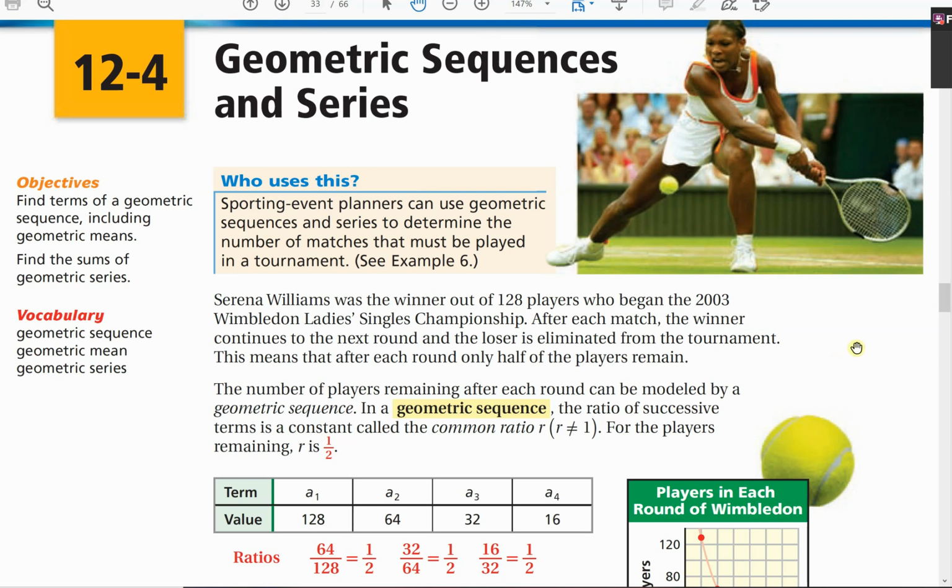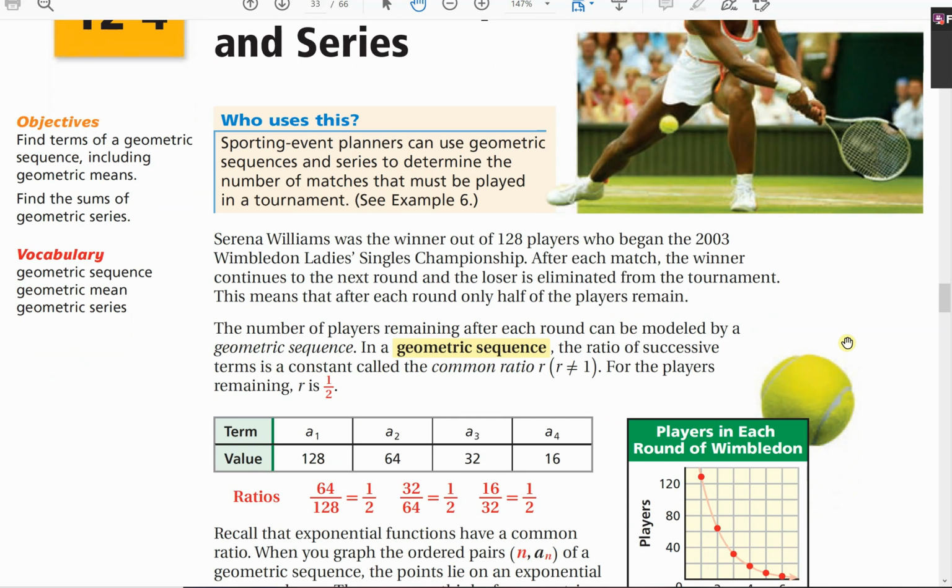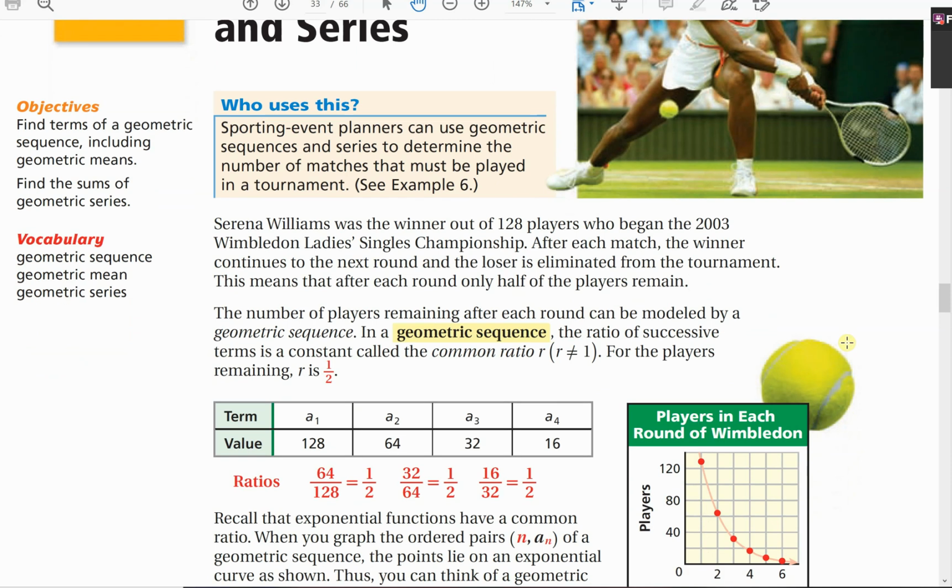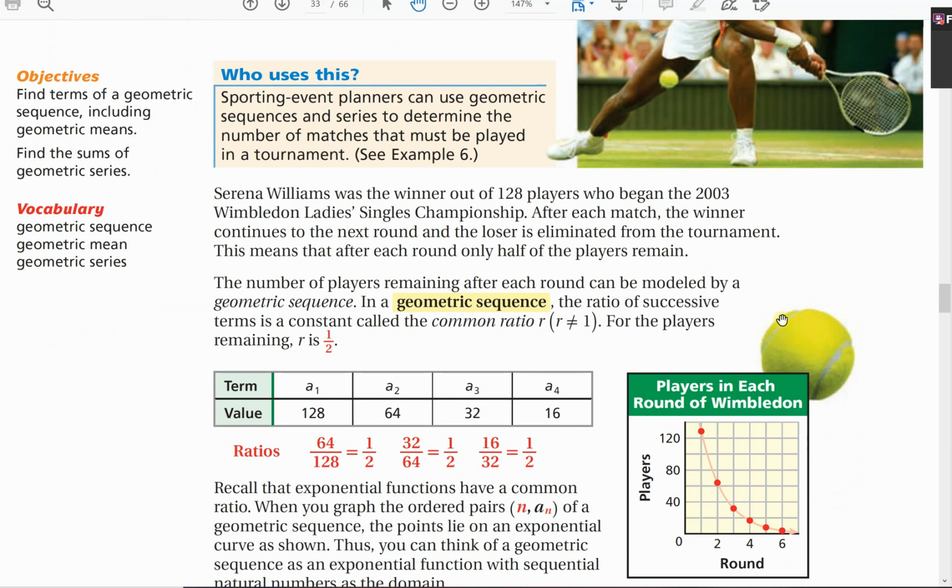In a geometric sequence, the ratio of successive terms is constant and is called a common ratio R. And R cannot be 1 because then you wouldn't have any change. So for a tournament like Wimbledon or even a tournament like March Madness, which I hope they have this year, R is 1/2.